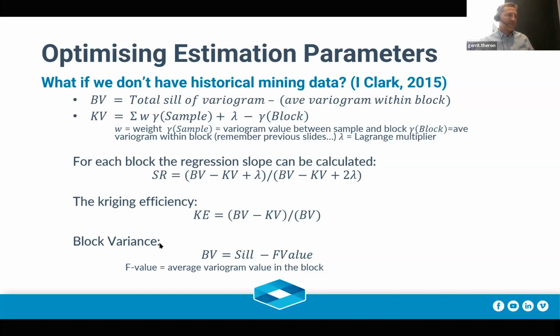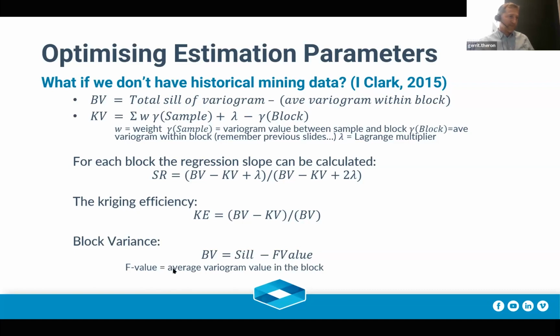And the block variance is simply calculated as the sill minus the F value. This F value, which is basically the average variogram within each block, is typically calculated by your estimation software. So it's not necessary to go and calculate the distance between all the discretization points and average them out to get that value.